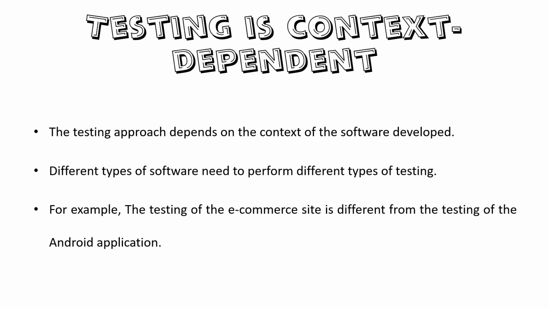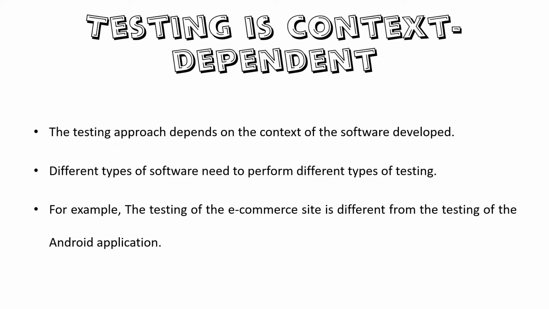Next is that testing is context dependent. Whatever testing we are doing, based on the software we need to change the type of testing we perform. For example, if you have an exam site, we need to do stress and load testing on it. We don't have to do automation testing on that.